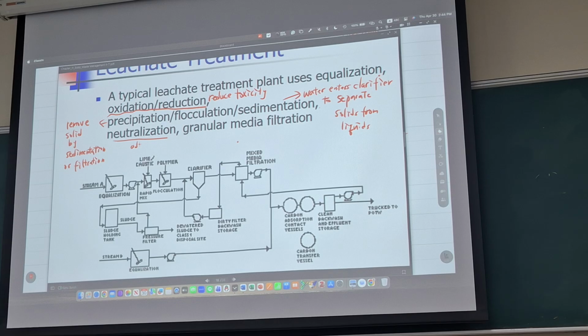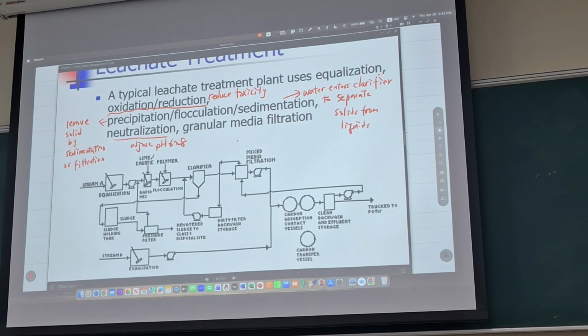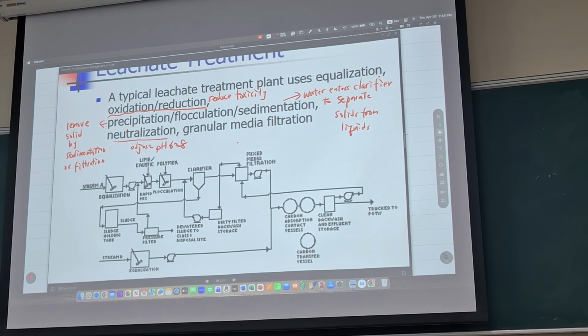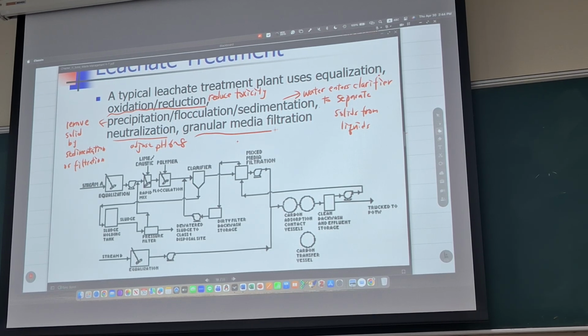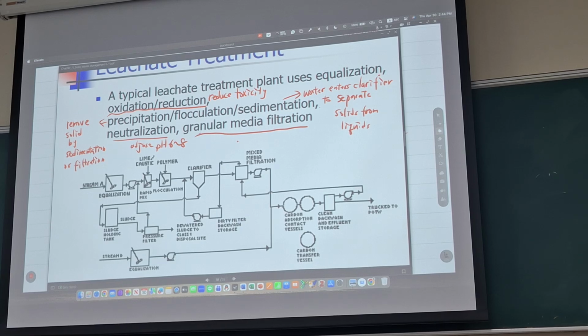Neutralization means we try to adjust the pH around 6 to 8. We just try to adjust by adding acid or adding alkaline. Then granular-media filtration. Actually we use a filter, such as sand, right?